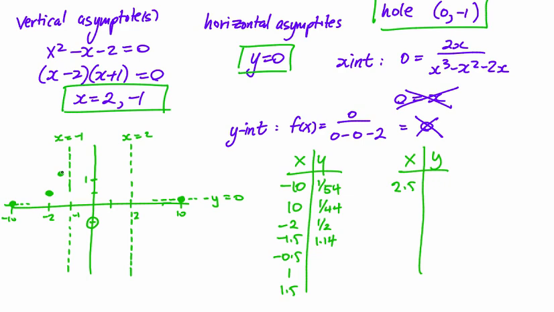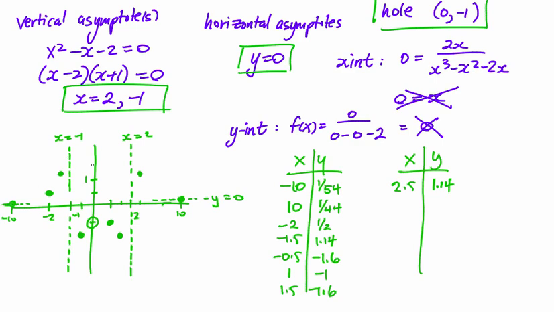At negative 0.5, I'm at negative 1.6, so at negative 0.5, that was negative 1, I'm at negative 1.6, somewhere down here. At 1, I'm at exactly negative 1, which is right here. At 1.5, I'm at negative 1.6, so here, negative 1.6. And at 2.5, I'm at 1.14 again. 2.5, 1.14. And now we play connect the dots.